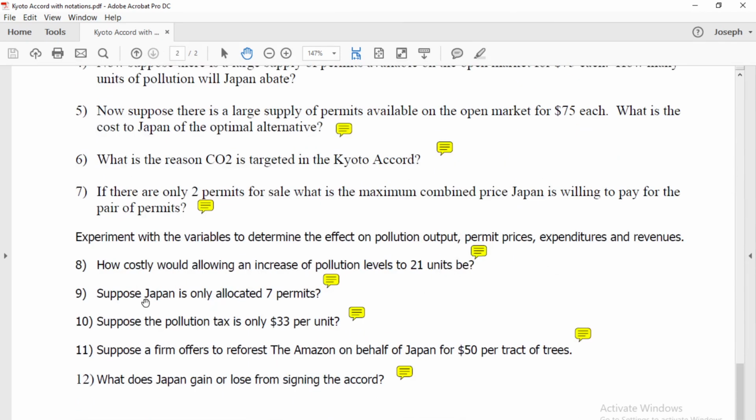So the answer for this one would be that 7 permits means 3 less permits. Japan would want to avoid paying $100 for those 3, so they'll have to find lower cost alternatives. And they would choose to do another tree, and they would do another abatement.